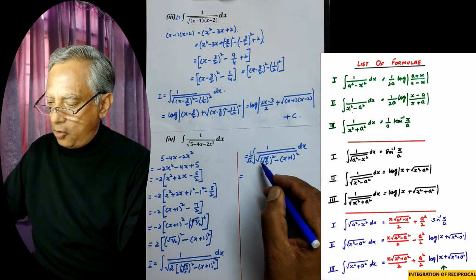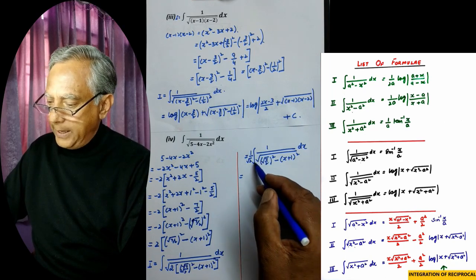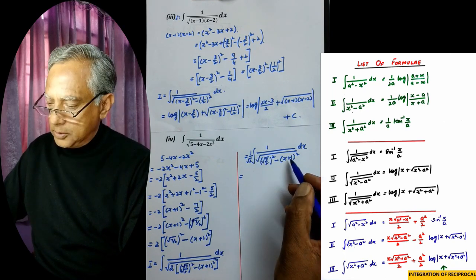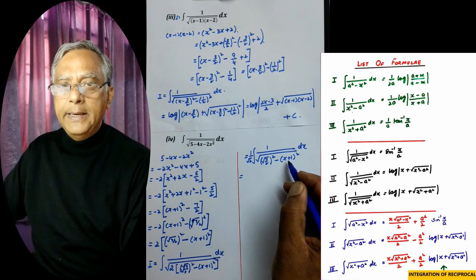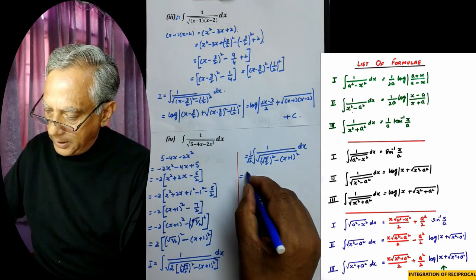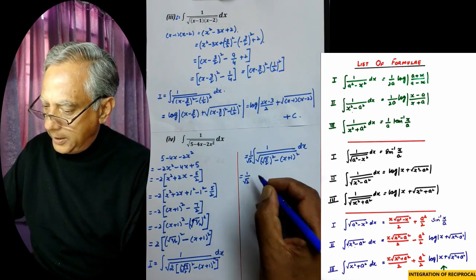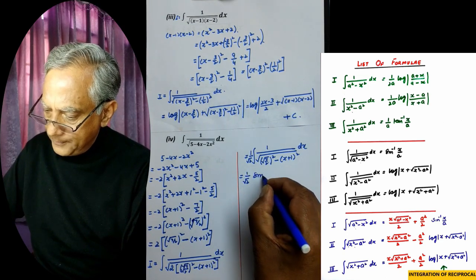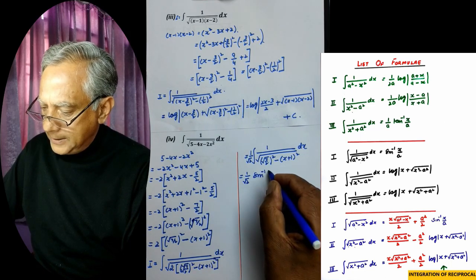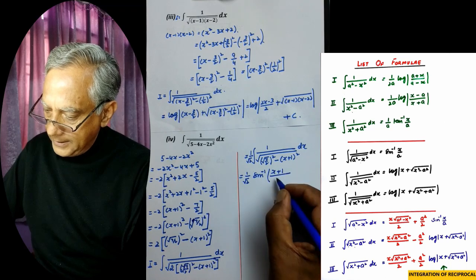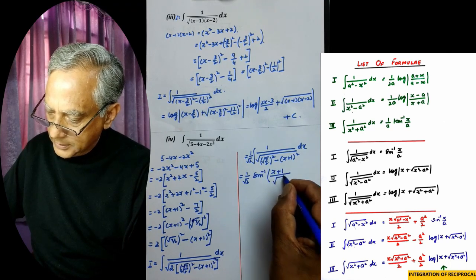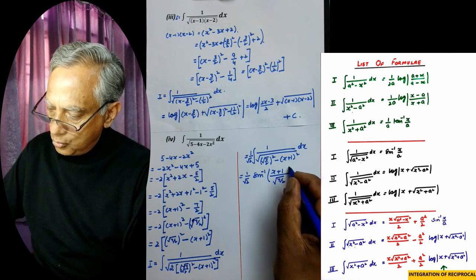Now this is in the form 1 over under root a square minus x square. So its integration will be sine inverse x by a. So we will have 1 by root 2 into sine inverse x by a. X is x plus 1. X by a is root 7 by 2.